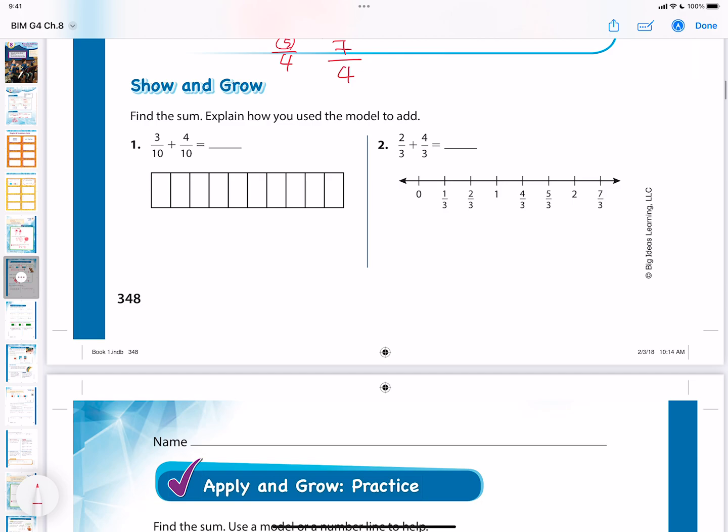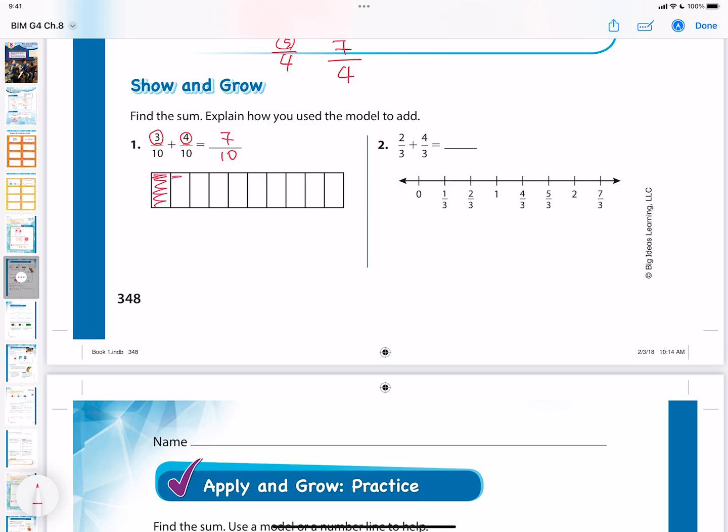Find the sum. Explain how you use the model to add. Okay, so you ate 3 slices out of 10 and your friend ate 4 slices out of 10. That means what? You both ate 7 out of 10 slices. Now let's go for this. Use this model.